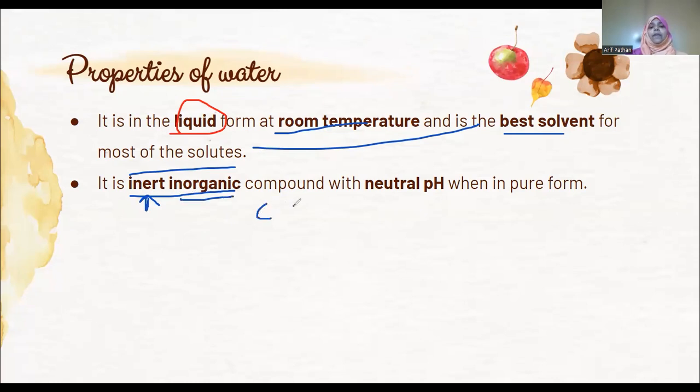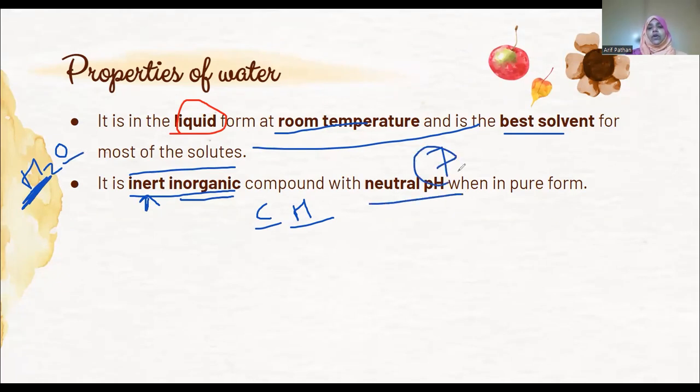It will not have carbon and hydrogen in it. What is the formula for water? H2O. Definitely this H does not stand for hydrocarbon, this is hydrogen. Two molecules of hydrogen, one molecule of oxygen. It has a neutral pH, that is approximately 7 when it is in pure form.